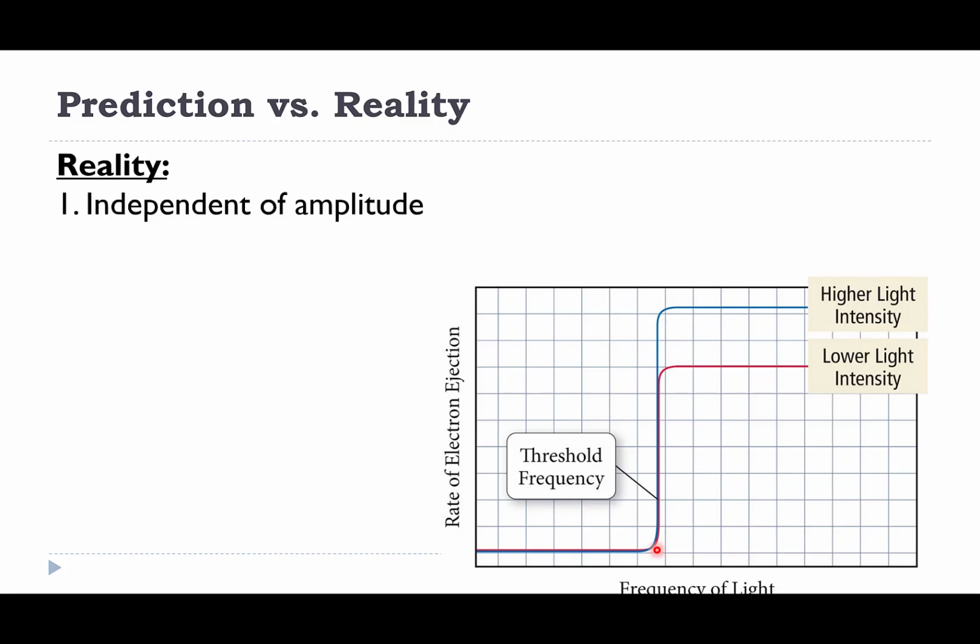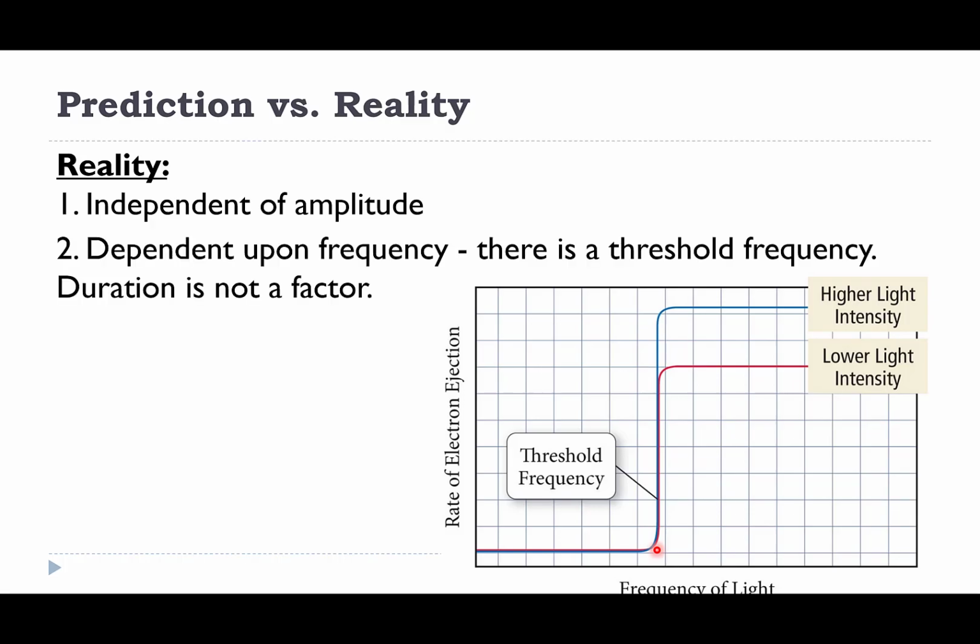So in reality, we found that it was independent of amplitude, independent of intensity, independent of how hard I swung the bat. No matter how hard I swung it, as long as I choose the right bat, they all come off. And it depends upon frequency.